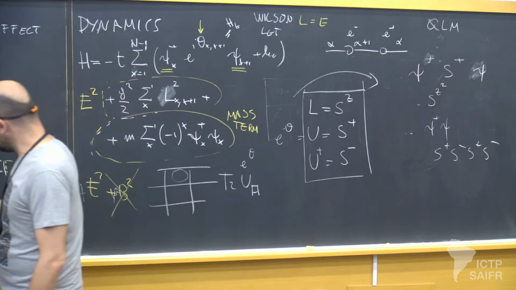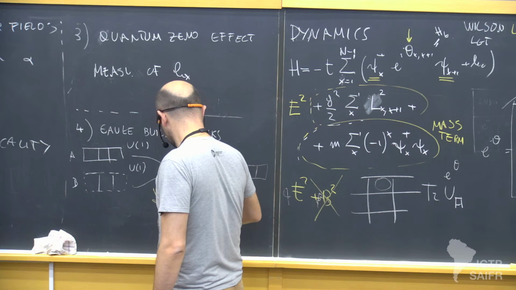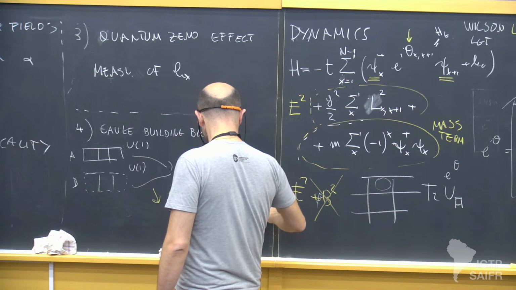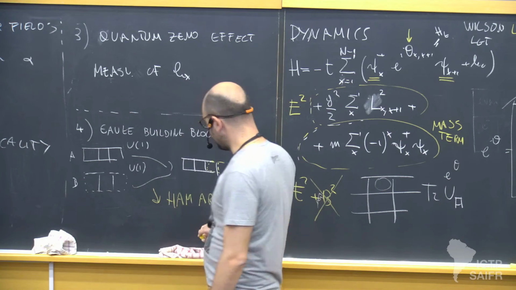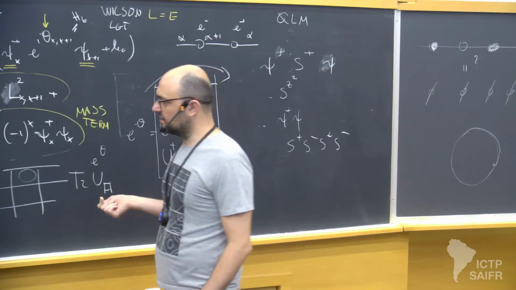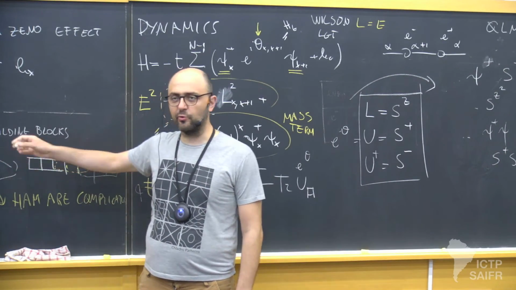Okay? This has the price that the Hamiltonians are very complicated. But it has the advantage that there are systems in atomic physics where you can have very, very bizarre global symmetries, even SUN.